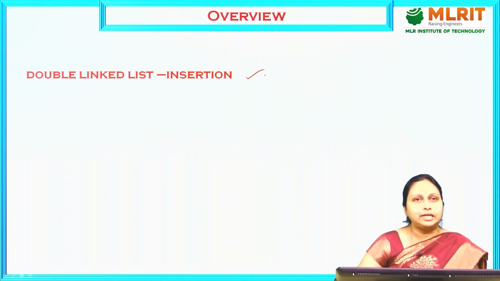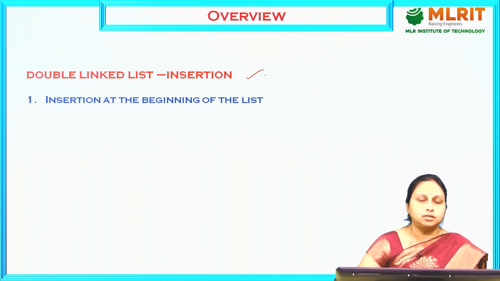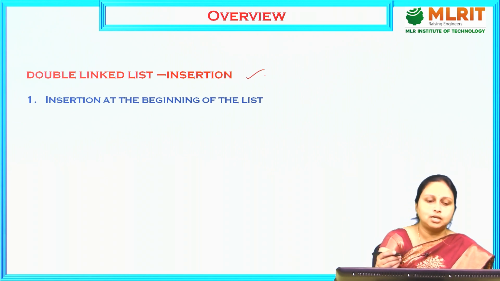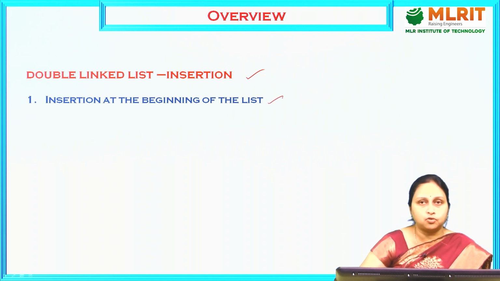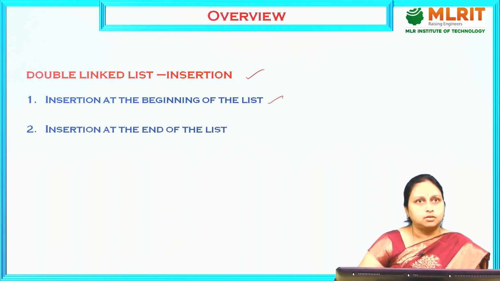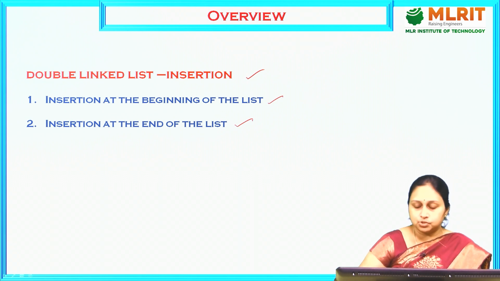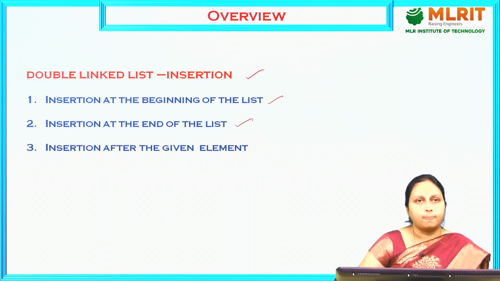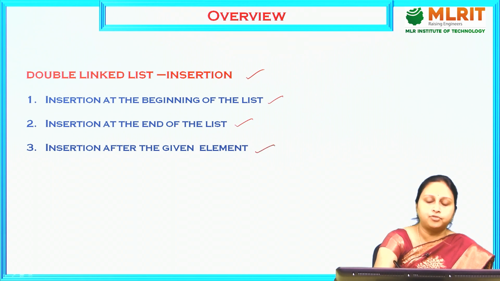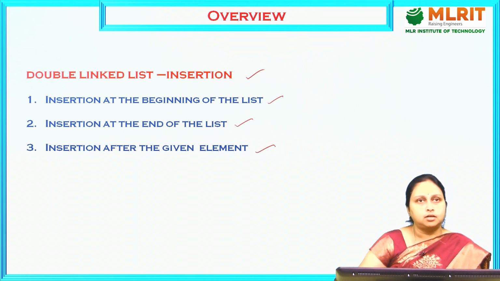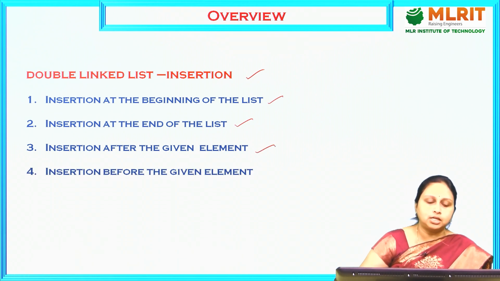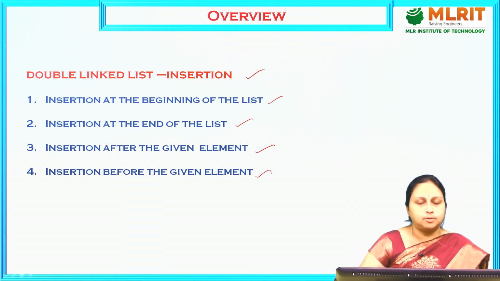Coming to the insertion part, here we are going to discuss the 4 different ways of inserting a new node in the double linked list. The first one is inserting a new node at the beginning of the list, then inserting a new node at the end of the list, then inserting a new node after the given element, and the other one is inserting a new node before the given element.